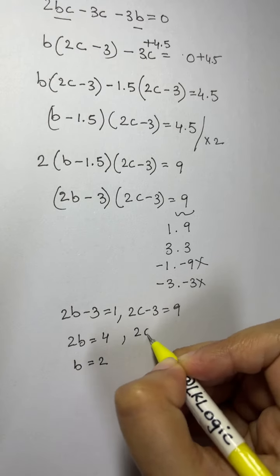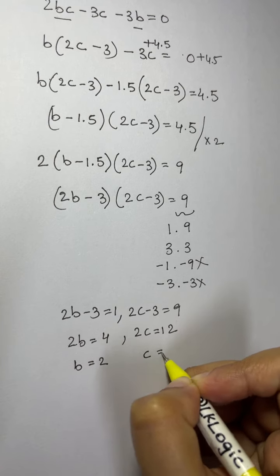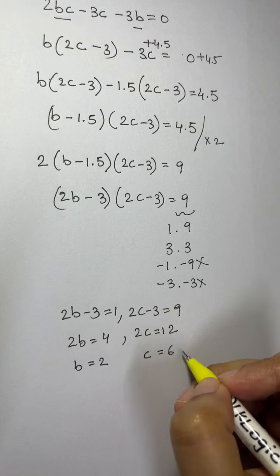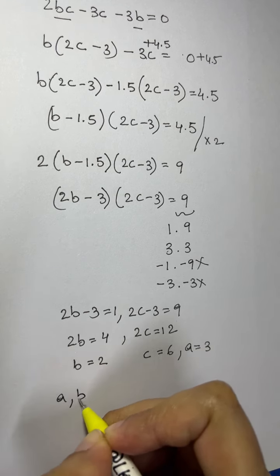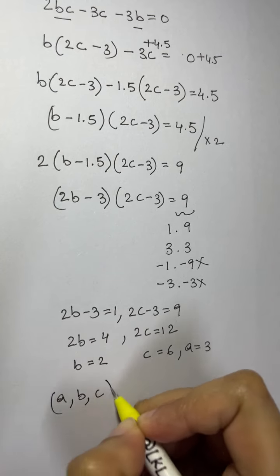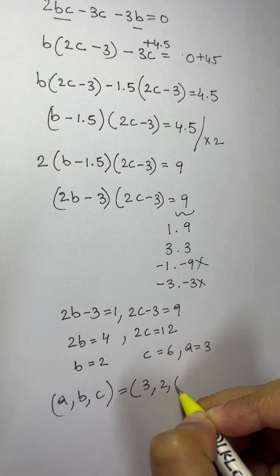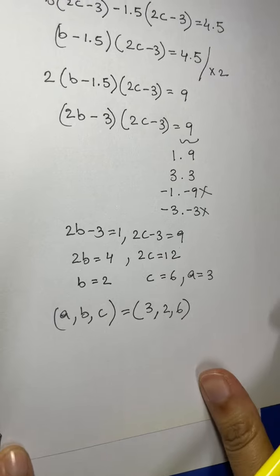Here 2C is equal to 9 plus 3, that's 12, so C is equal to 6. You've got two values of B and C when A is equal to 3. So you've got A, B and C as 3, 2, 6.